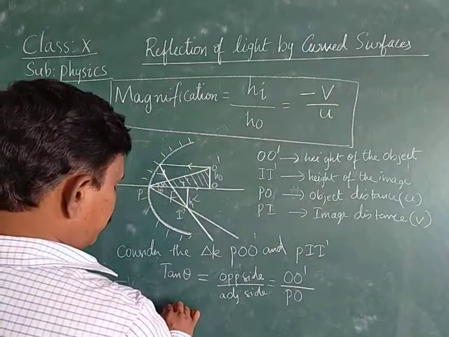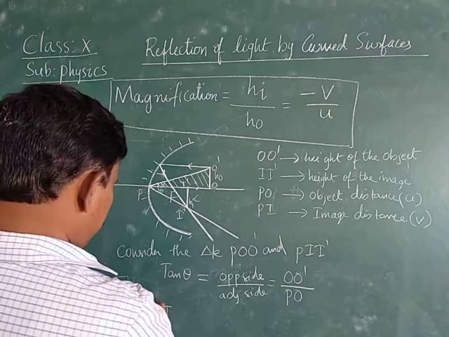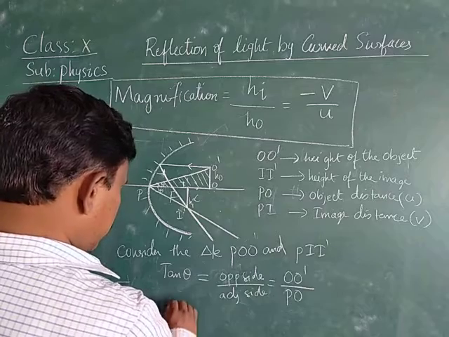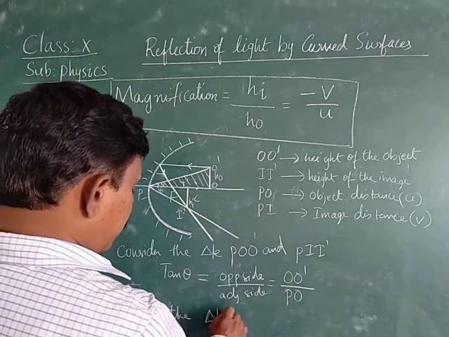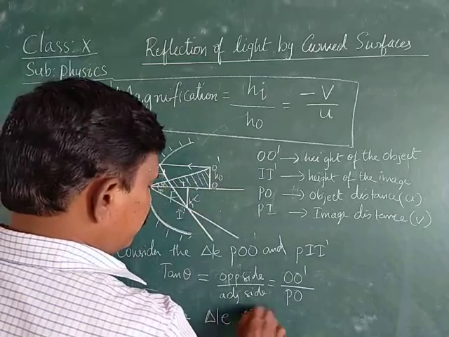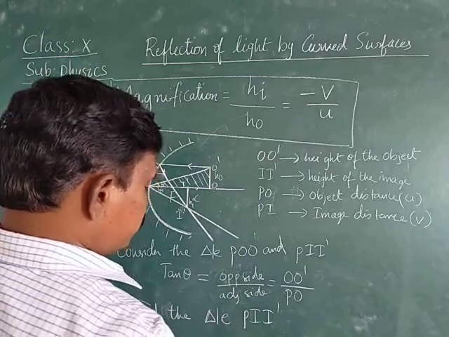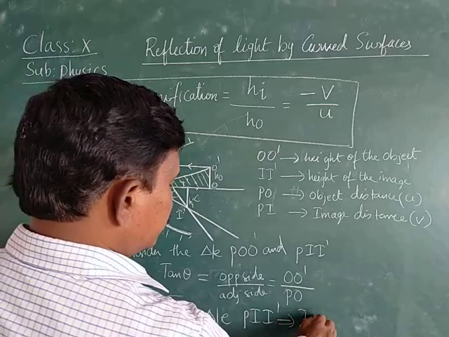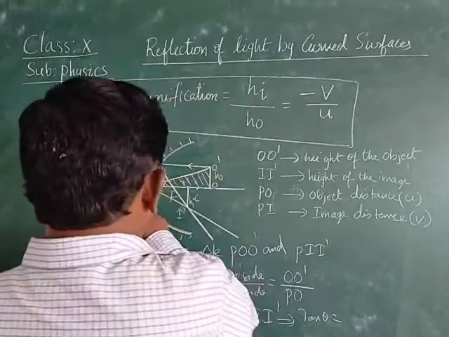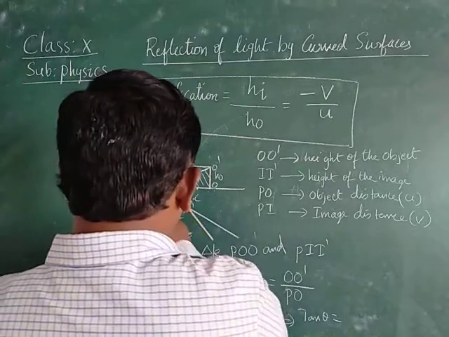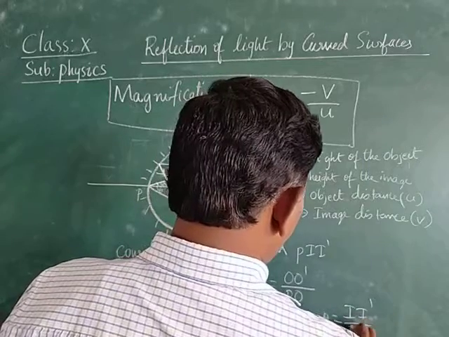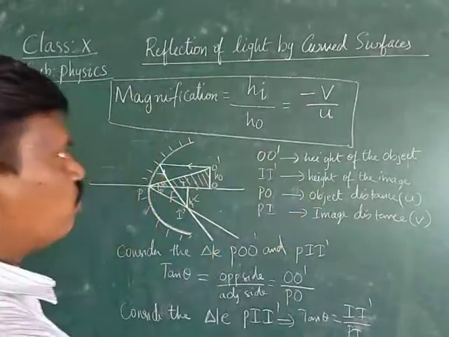Next, the second one. Consider the triangle PII dash. From this, tan theta is equal to the opposite side, I dash, by PI.